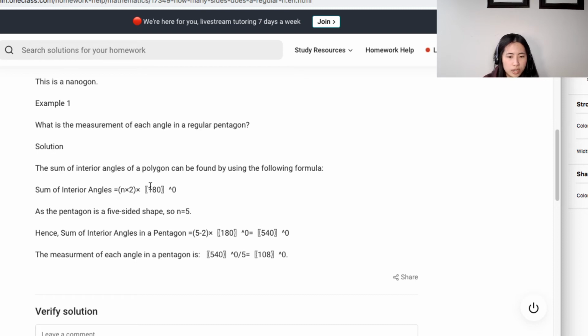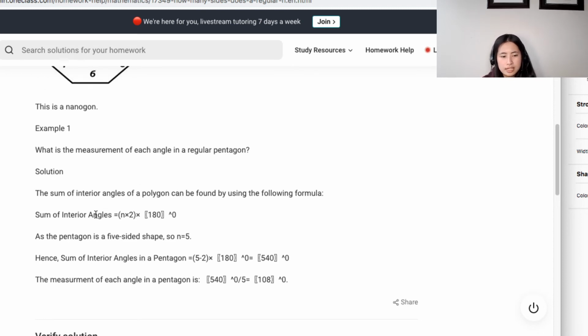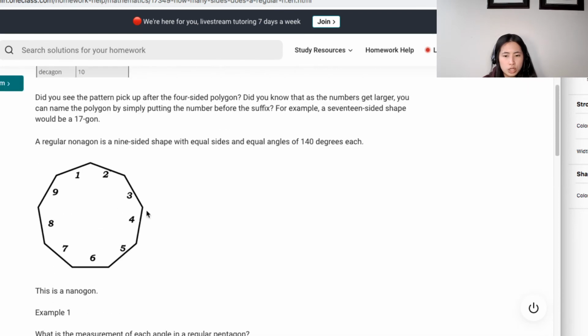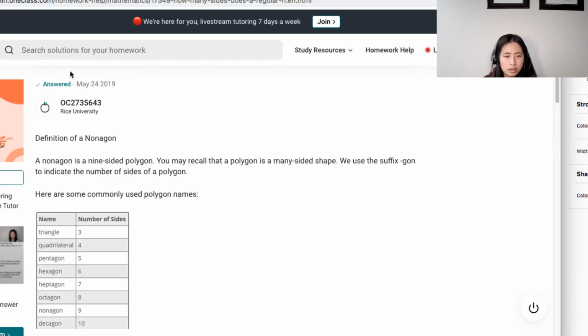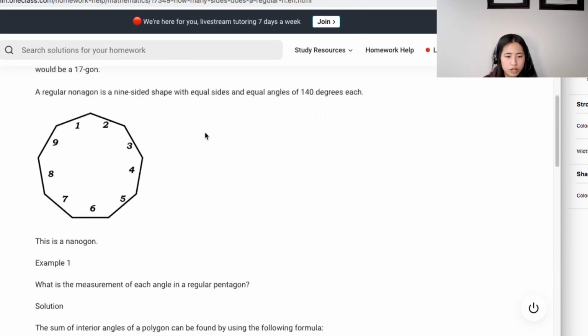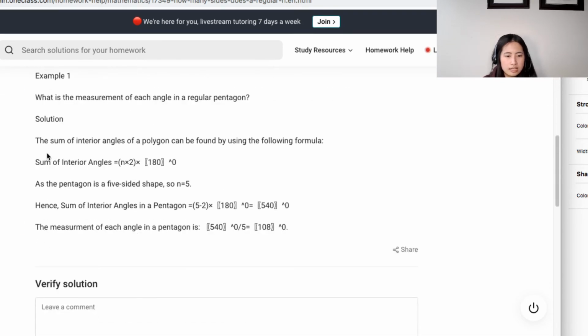And then I just wanted to correct something because I did notice this. The sum of the interior angles, although this question is not even related to this main question over here, I just wanted to correct this because this is actually wrong. The sum of interior angles is supposed to be n minus 2, not n times 2.